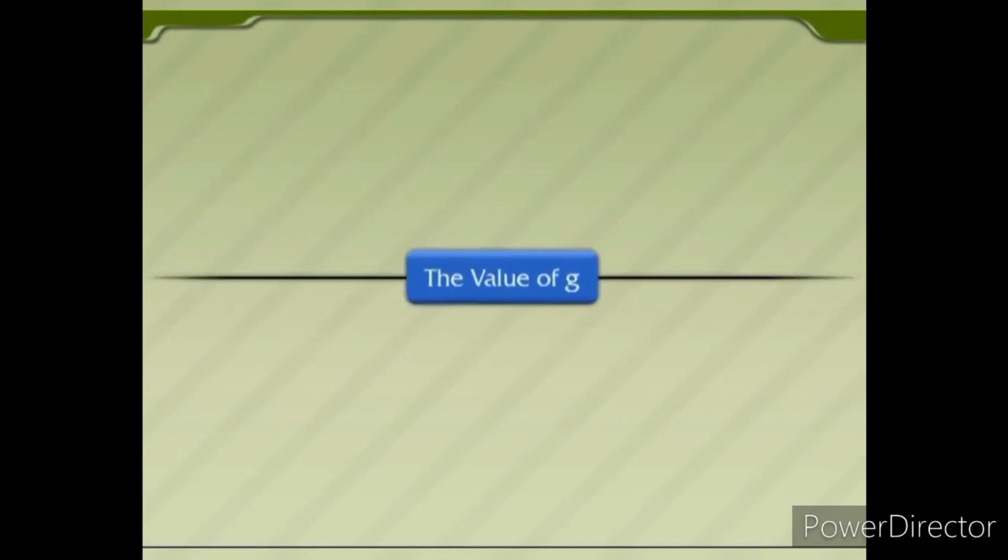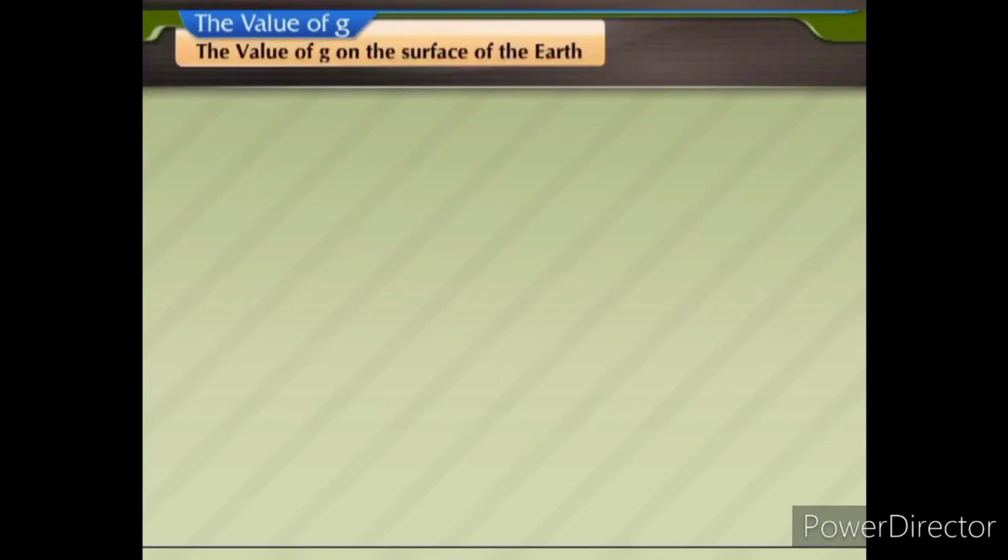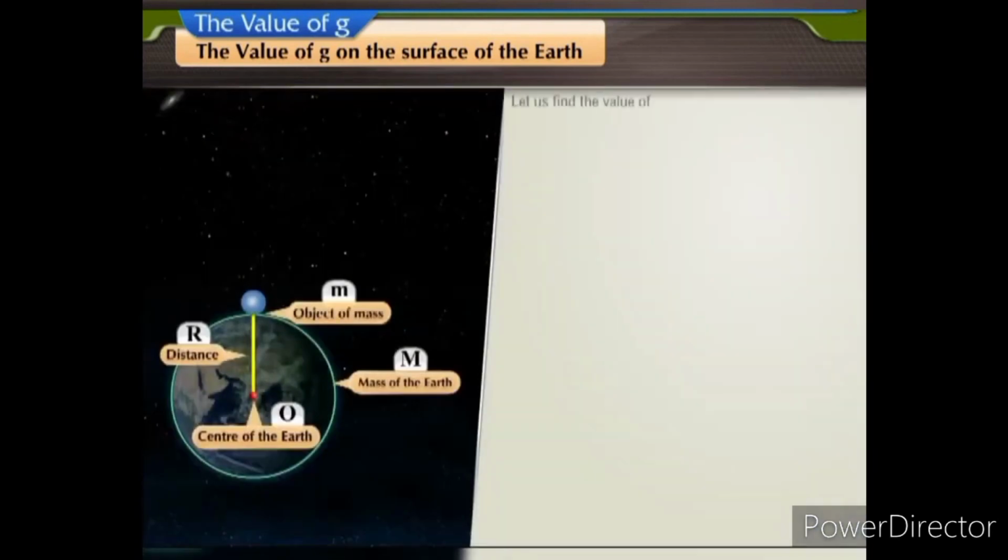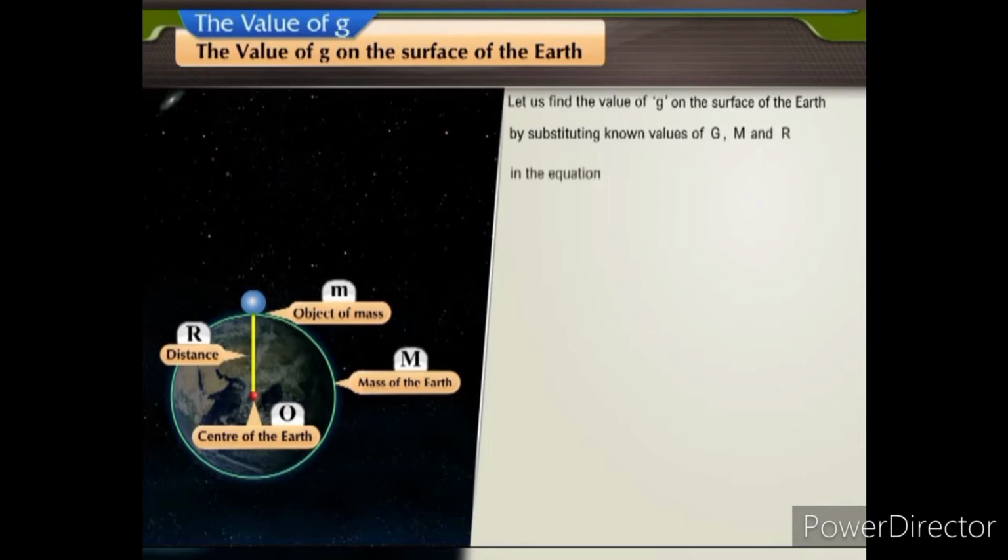The value of g on the surface of the earth. Let us find the value of g on the surface of the earth by substituting known values of G, M and R in the equation g is equal to G M upon R square.